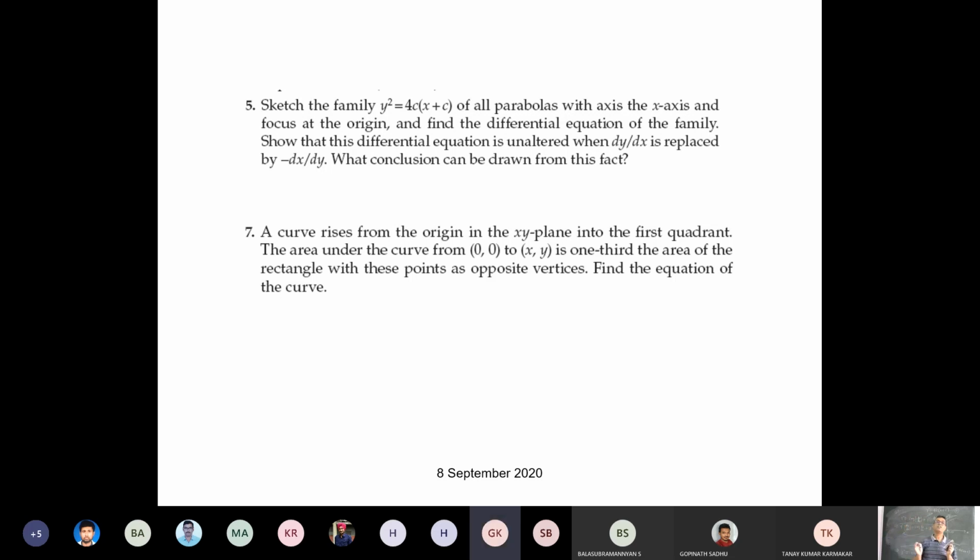We were trying to find the orthogonal trajectories. Then we have seen that in order to find the orthogonal trajectories, you get the same differential equation. So if I try to solve this equation, it is going to land me at something like this again. Right?